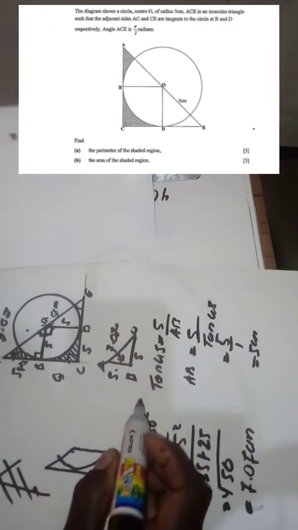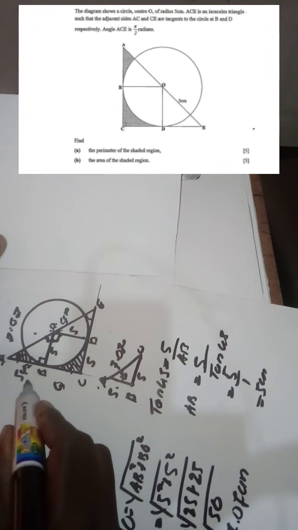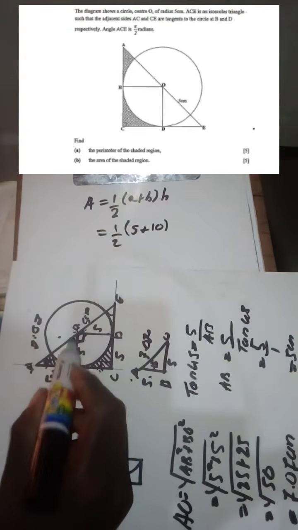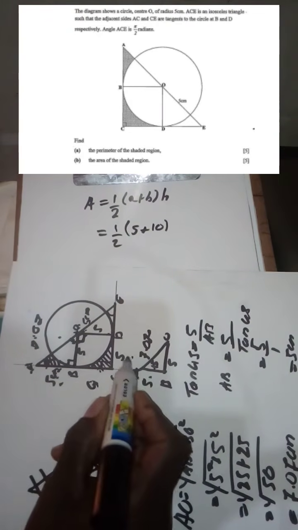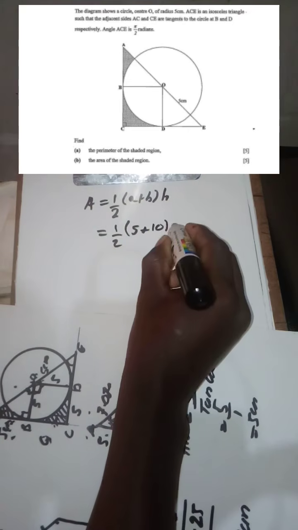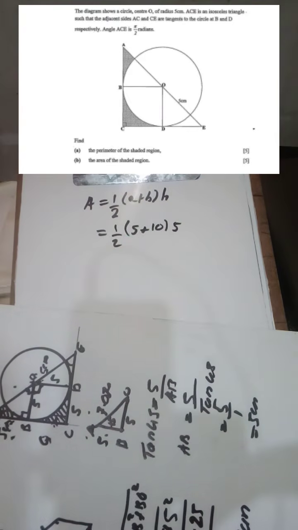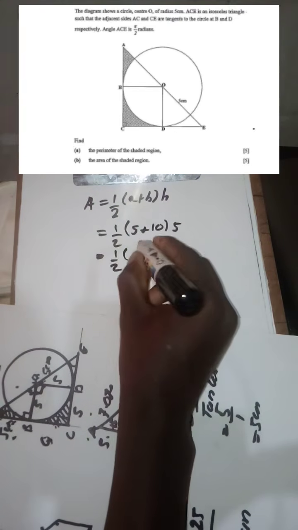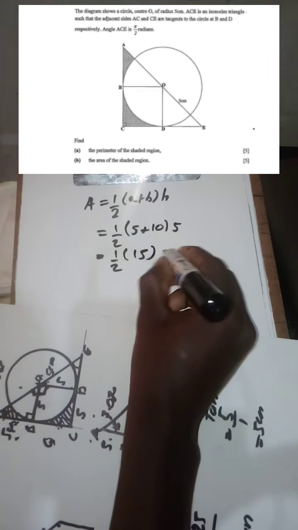Then B is from this point to that point. So you have 5 centimeters here and 5 centimeters, giving you 10. Multiplied by the height, and the height is from that point to that point, which is also 5 centimeters. So here we have 1/2 times 15 by 5.